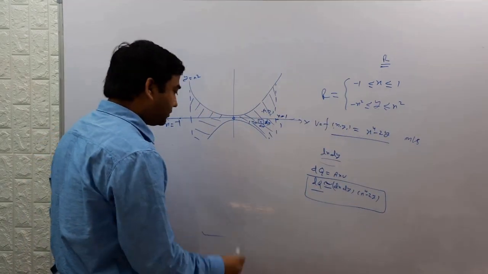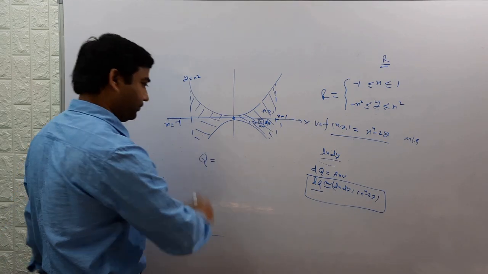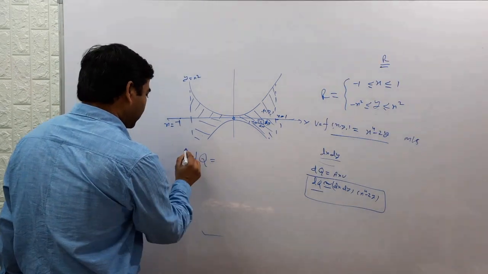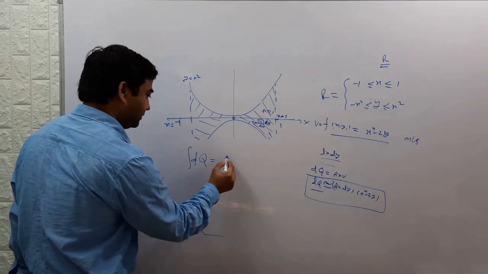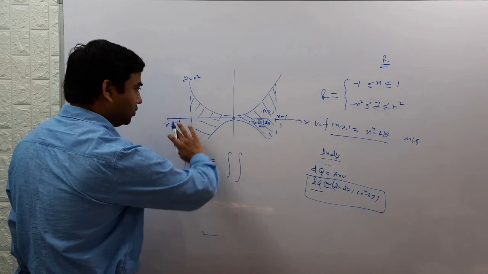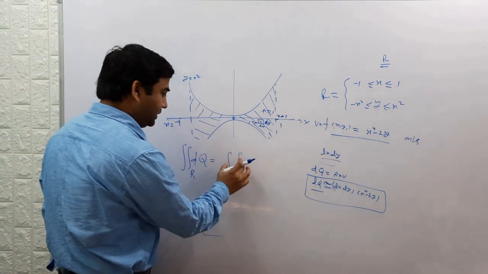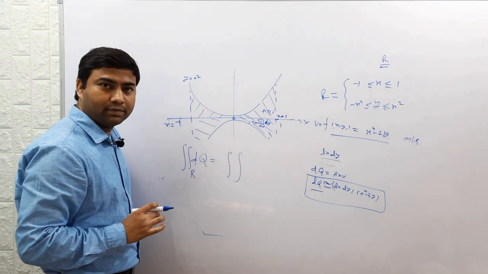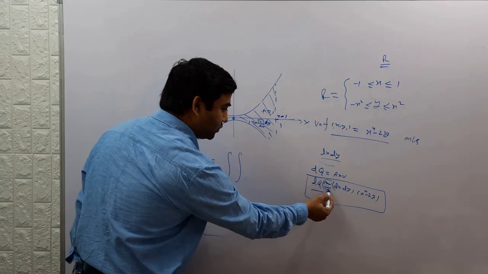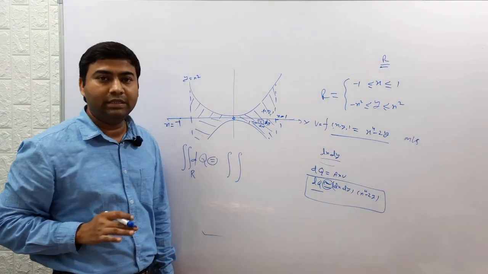Now to find the flow Q, as we know dq, integrate both sides over this region R. As we use the integration sign, this approximate sign converts into an exact equal sign by the definition of integration itself.